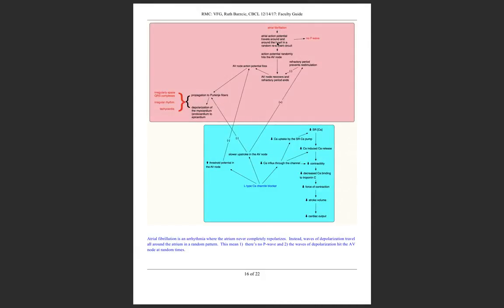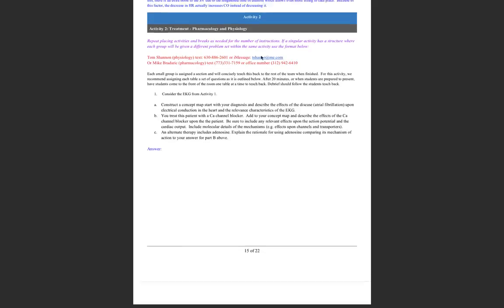Atrial fibrillation gives you no P wave, and it gives you a random irregular rhythm, and therefore irregularly spaced QRS complexes and tachycardia, because your action potentials are randomly hitting the AV node, but they're hitting them faster than usual. That's fairly simple. I think most of them will understand that.